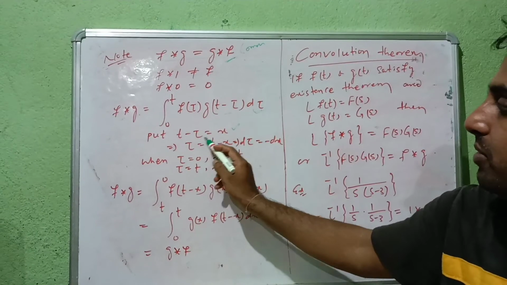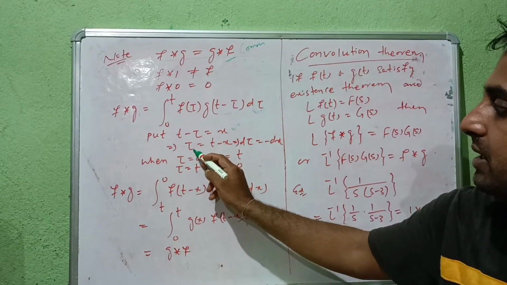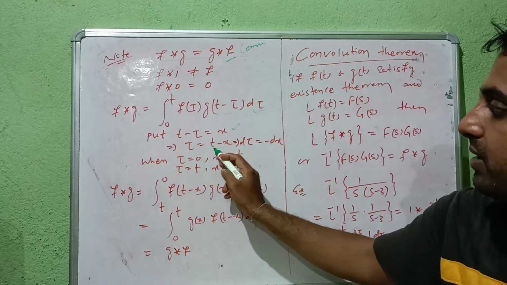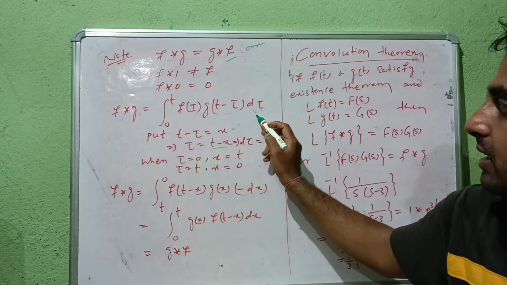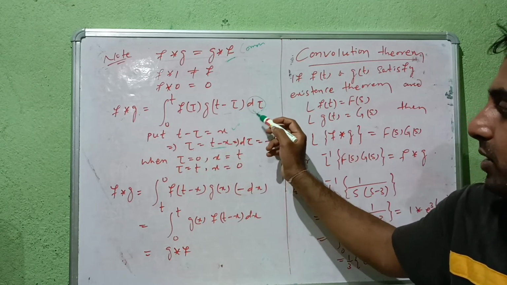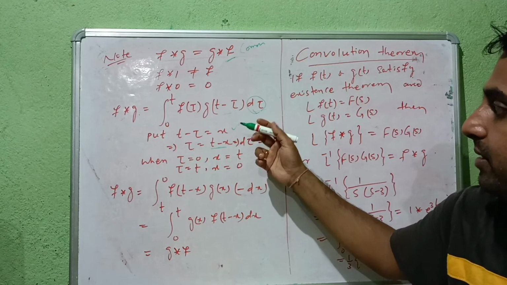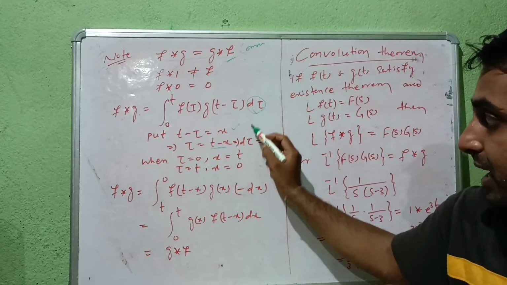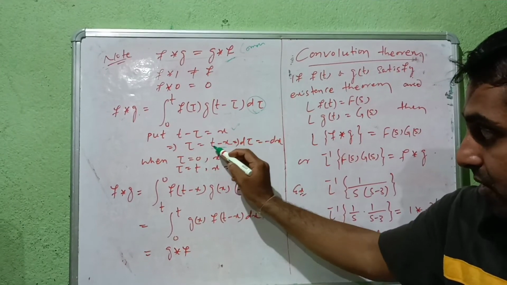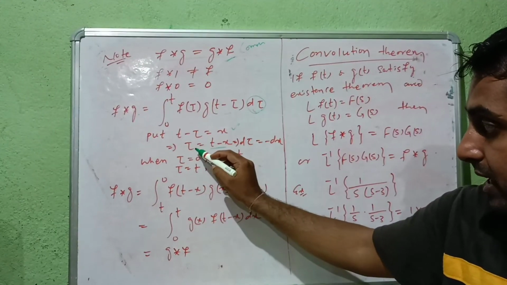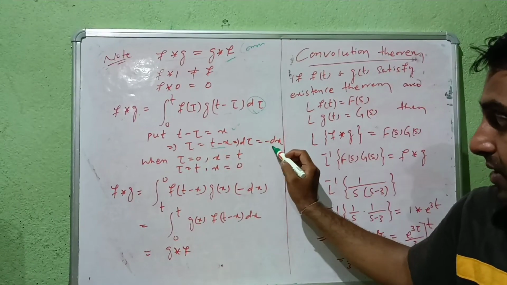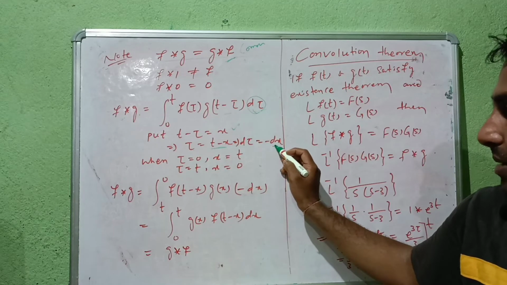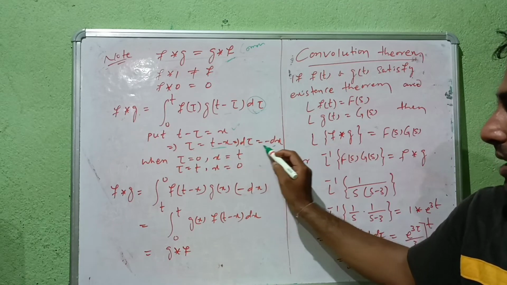So if t minus tau equal to x, then if you take tau to right hand side, tau will be t minus x, and this d tau we have to change, the variable tau to x. So therefore we want to find dx and d tau. So tau equal to t minus x. So if you differentiate it, it will be d tau equal to minus dx, because we consider t as constant. So it is only minus dx. So d tau will be minus dx.